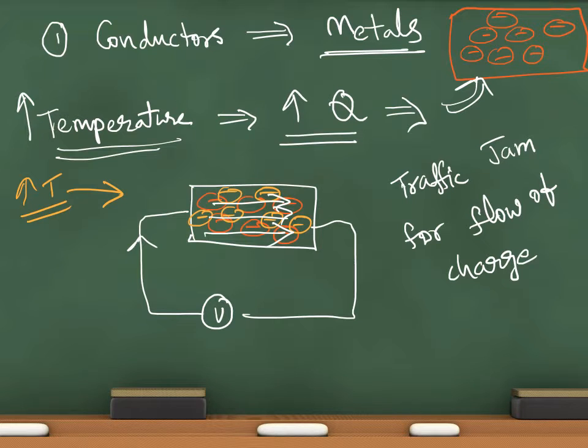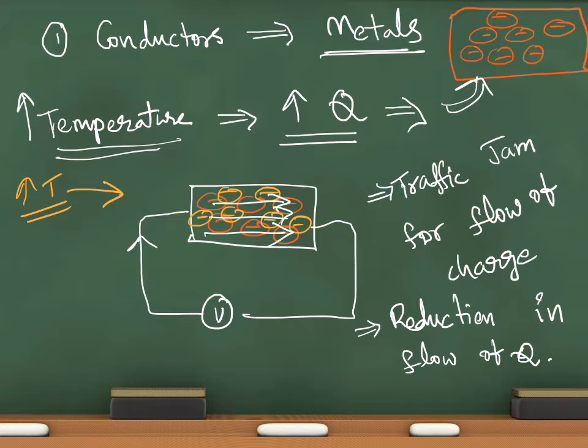So there will be a reduction in charge flow, a reduction in flow of Q, which means a reduction in current. Voltage is constant in this case, but there will be reduction in current.